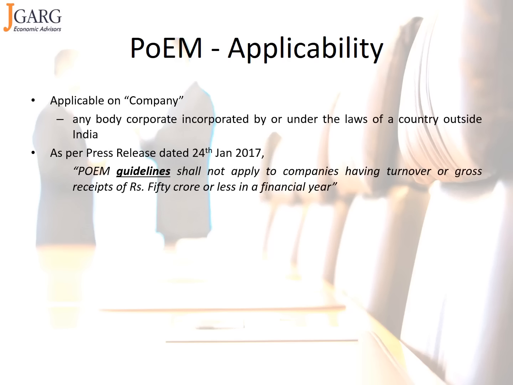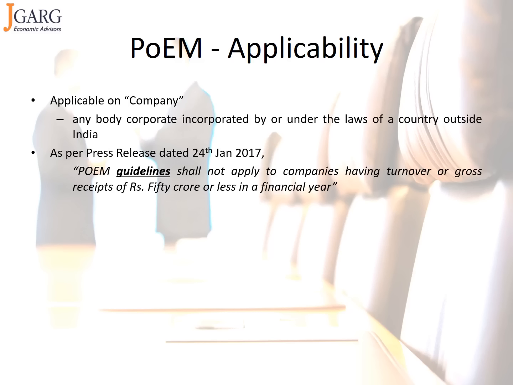Probably in the budget we might see some amendment, wherein the act will say that if you have a turnover of less than 50 crores, this PoEM criteria is not applicable to you. But then it means, if the turnover is less than 50 crore, you would only become a tax resident in India if you are an Indian company. So we might see some changes in section 6 subsection 3 to cover this press release.